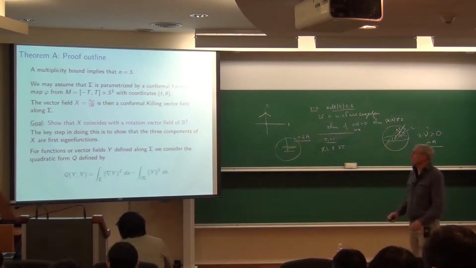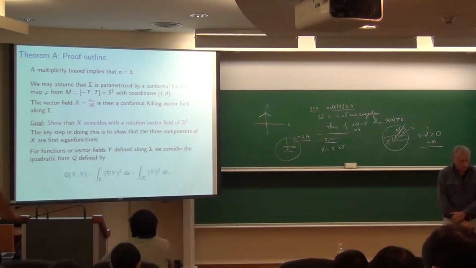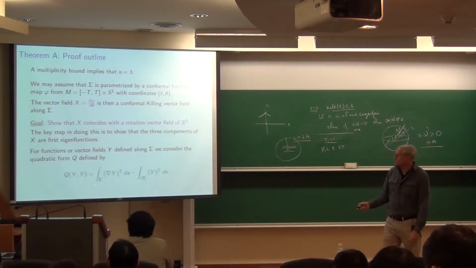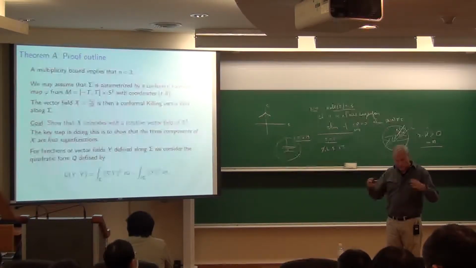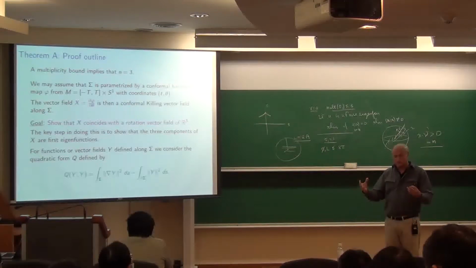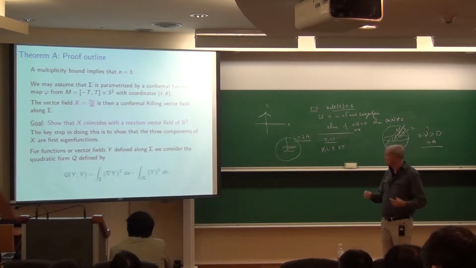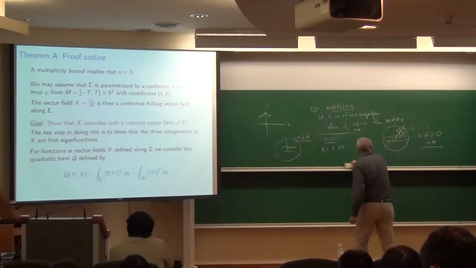Okay, and so what we do is we look at a quadratic form on vector fields, which plays an important role. So we call it Q. If we think of vector fields Y defined along the surface, so these are vector fields in R^3, they're not tangent to the surface necessarily, but they do have the property that they're tangent to the sphere along the boundary.